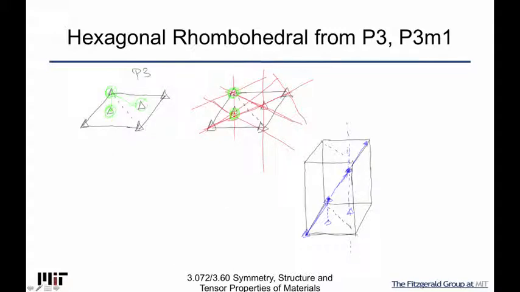This lattice point that sits here, if I were to draw here and then up to this corner, this atom sits at the bottom of this triangular prism kind of thing, right?